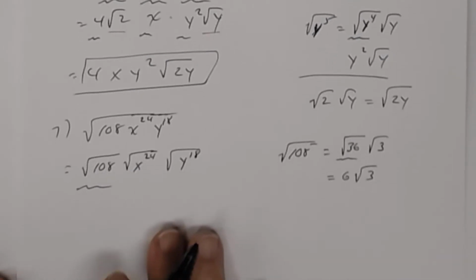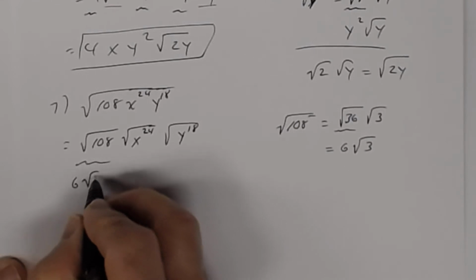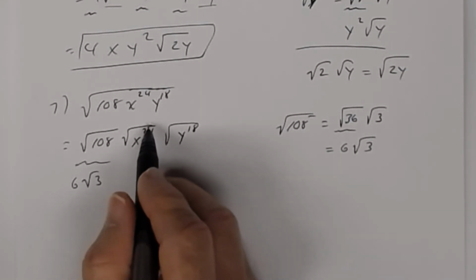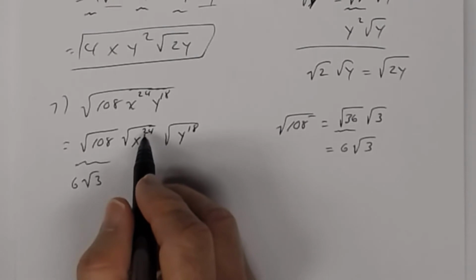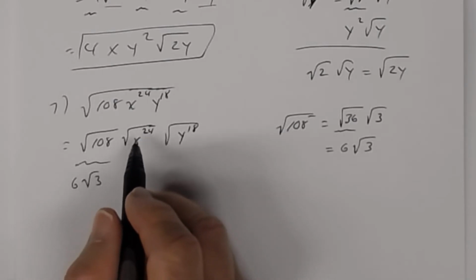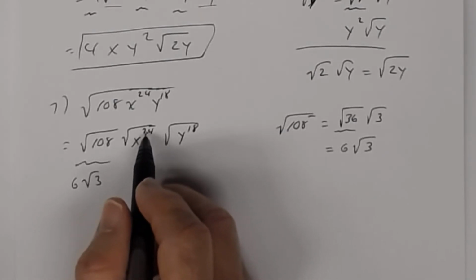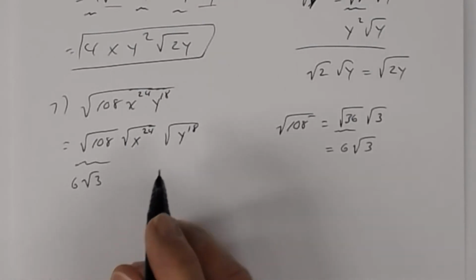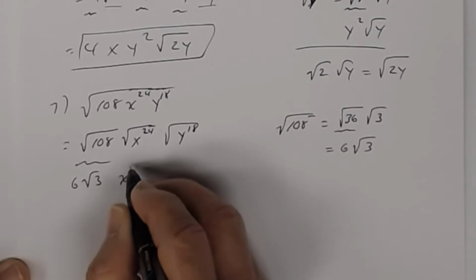It's important. 6 square root of 3. All right, now I can simplify the square root of x to the 24th. Always ask yourself, can I simplify that? Yes, because 24 is greater than or equal to 2. But this is a nice one because 24 is divisible by 2. So 24 divided by 2 is 12. So that's x to the 12.